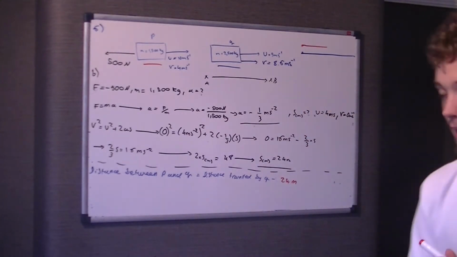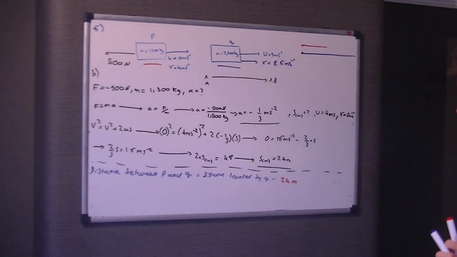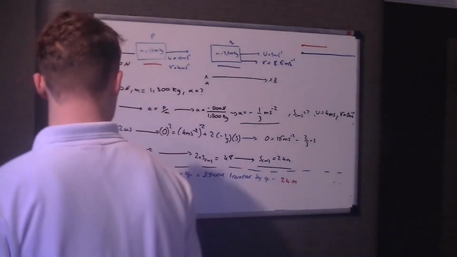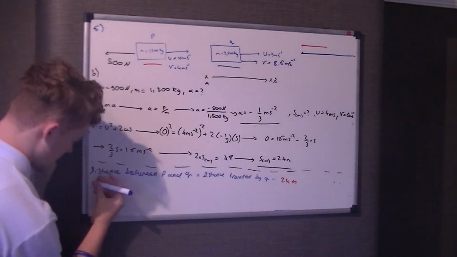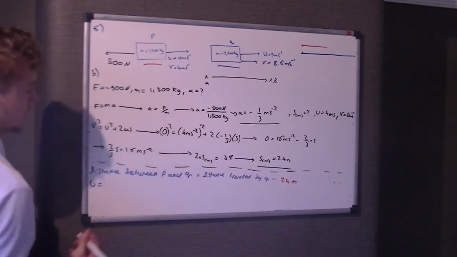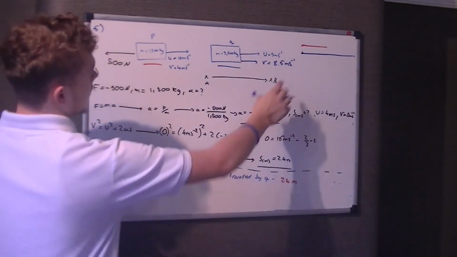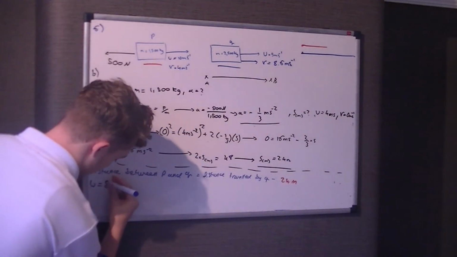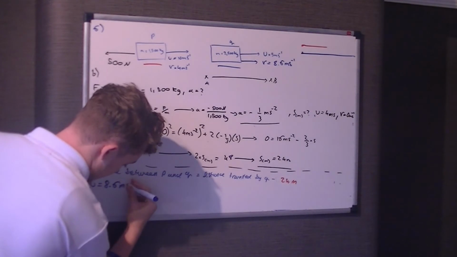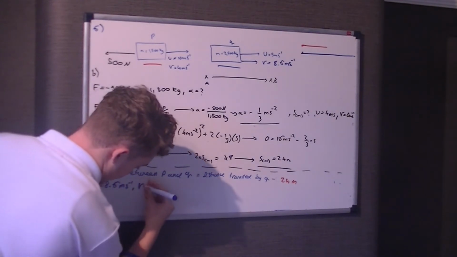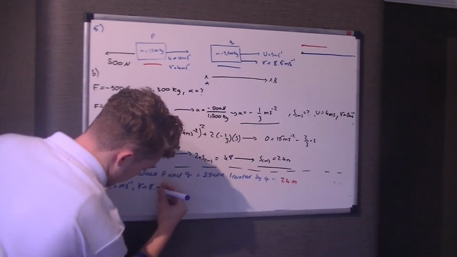The only thing we need to work out is the distance travelled by Q. First of all, it's going to be a SUVAT equation, so we need to write down what we know. We know the initial speed in the second part is the final speed in the first part, so that's 8.6 metres per second. And as we're told there's no change in velocity, the final velocity is also 8.6 metres per second.